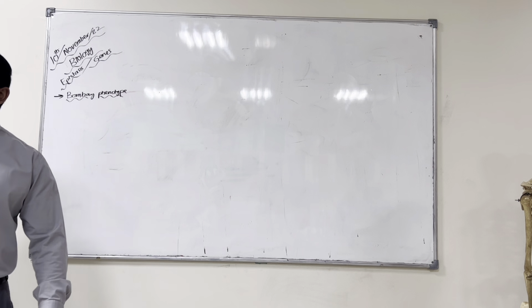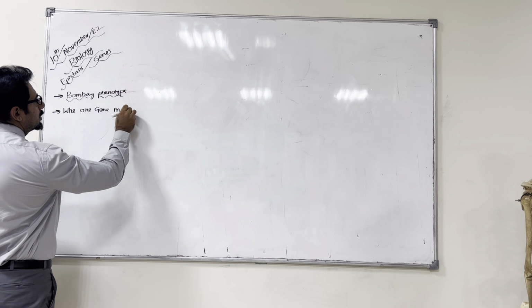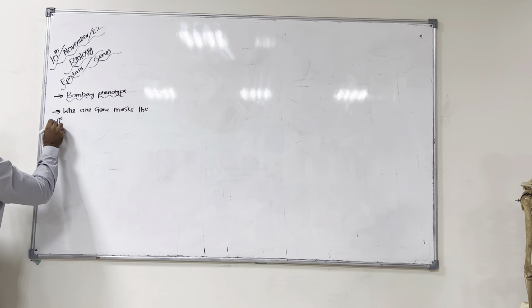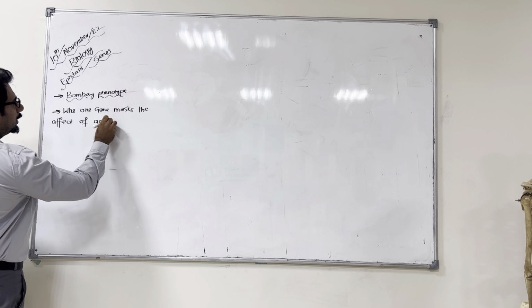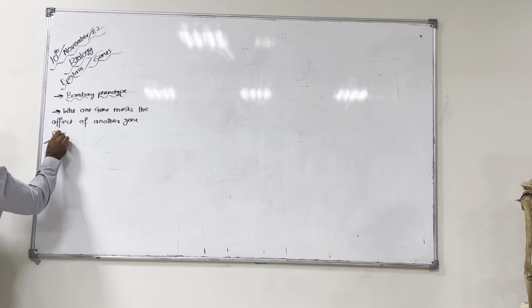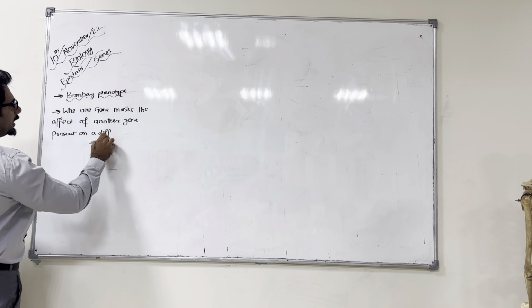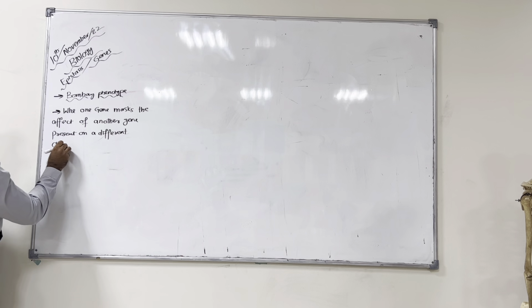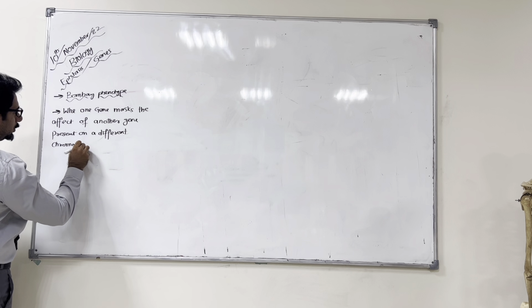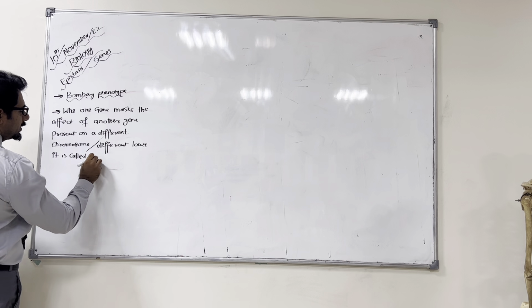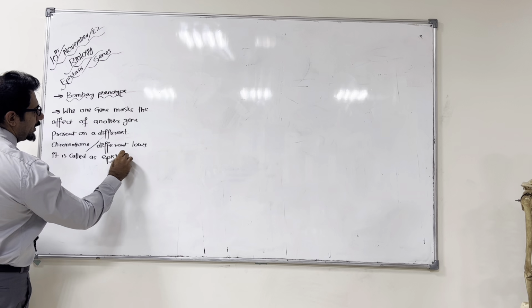Now, if I write down the definition of epistasis, it is very simple: when one gene masks the effect of another gene present on a different chromosome or different locus, it is called epistasis.